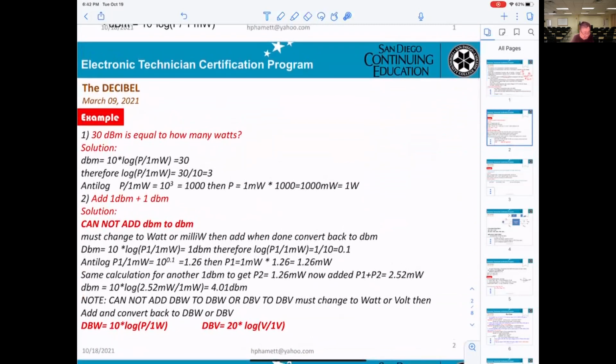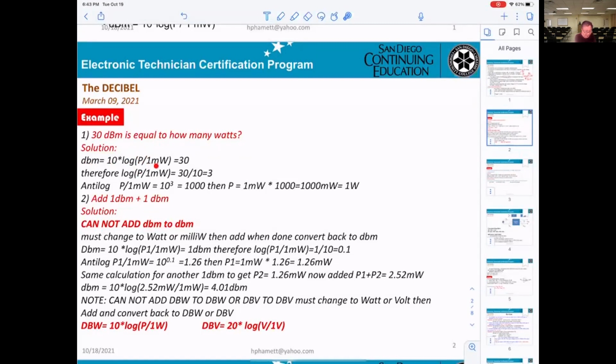Now, example: 30 dBm equals how many watt? Try to understand, okay? That's really needed, guys. Now, you can see the formula: dBm equals 10 times log of the power P. We don't care what power. Output, input doesn't matter.